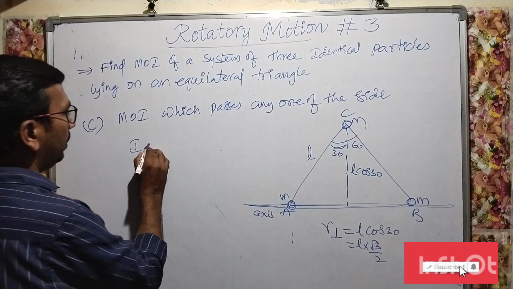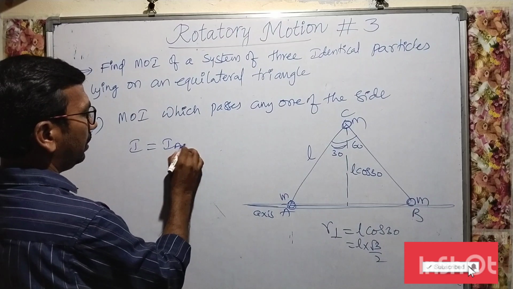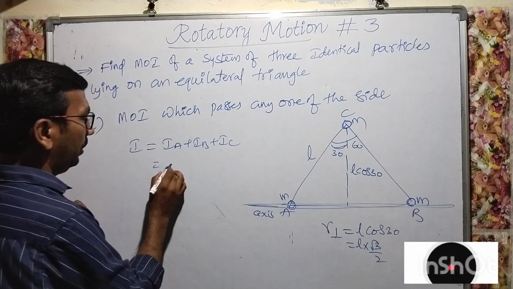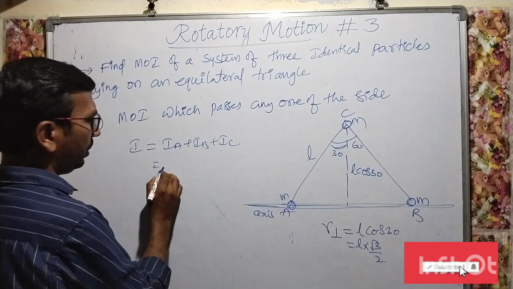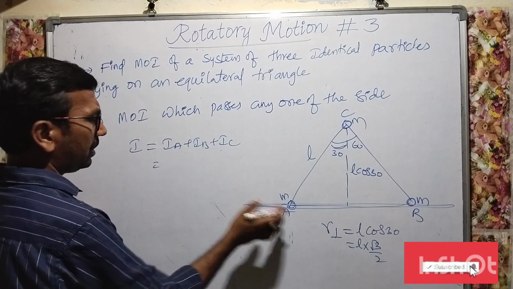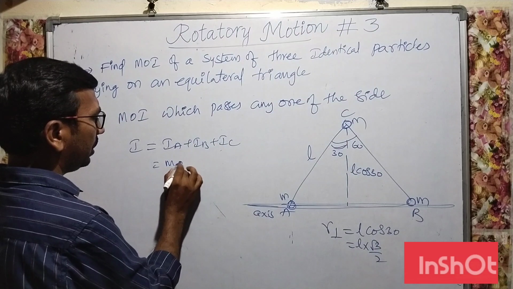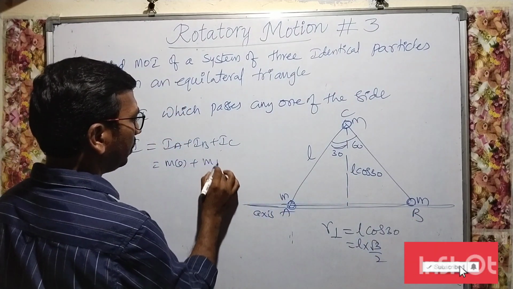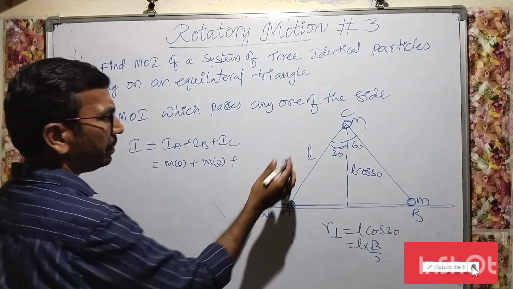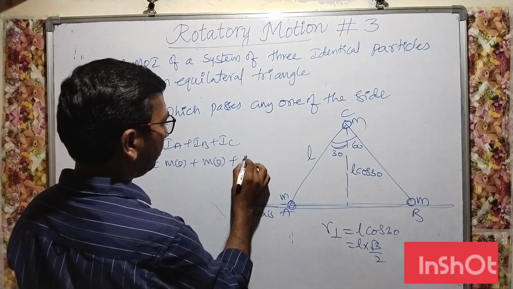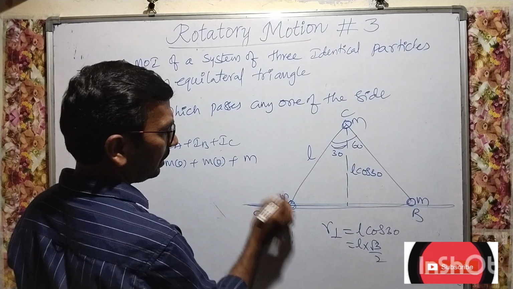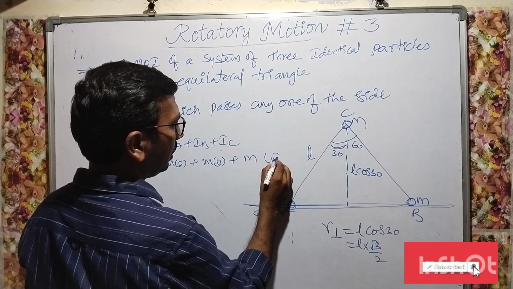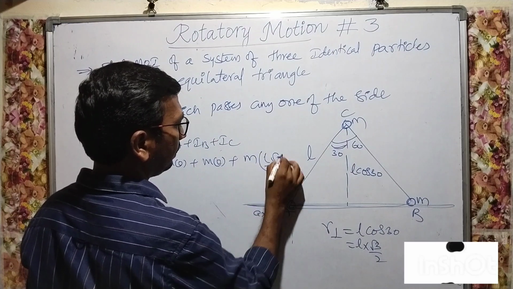Here you can write IA, IB, IC. IA is equal to 0, since the axis exactly passes through A, so M into 0. For B, M into 0. For the C particle, M into the perpendicular distance L root 3 by 2 whole square.